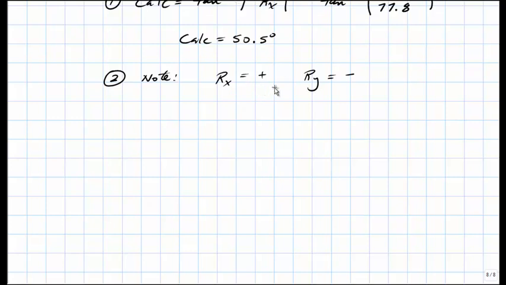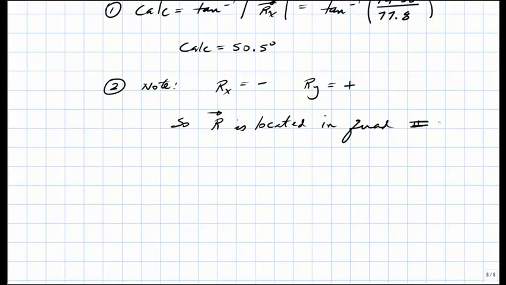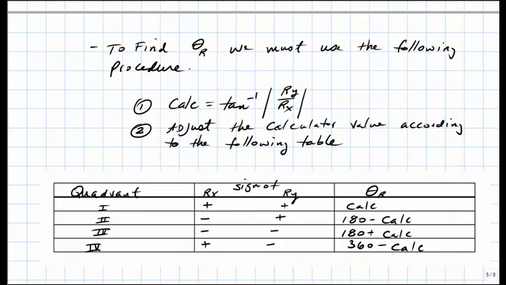Which means we are located, let's correct that, Rx is negative as we stated and Ry is positive, which means that we are located in the second quadrant. Let's now take a look at the table and see how to adjust the calculator value.